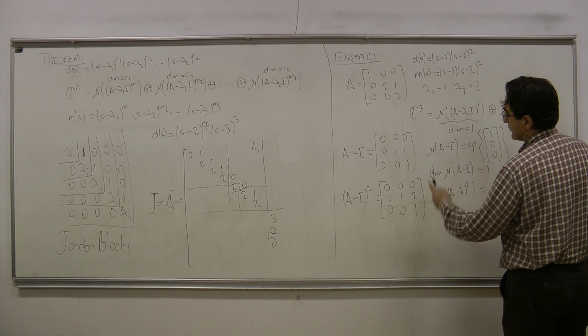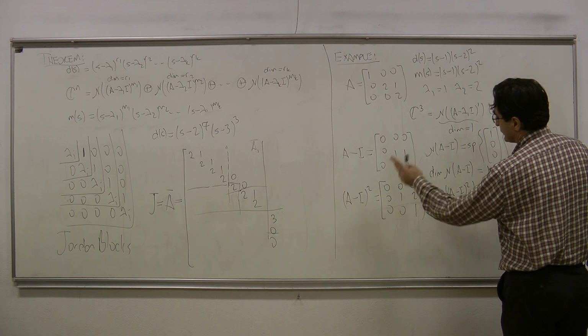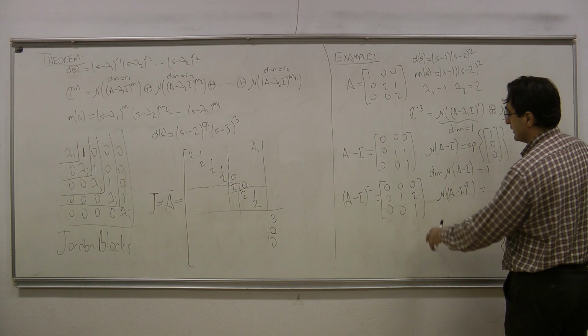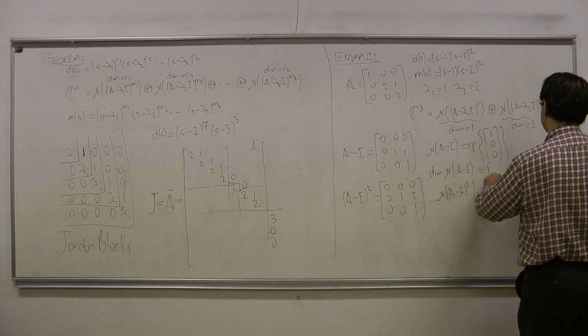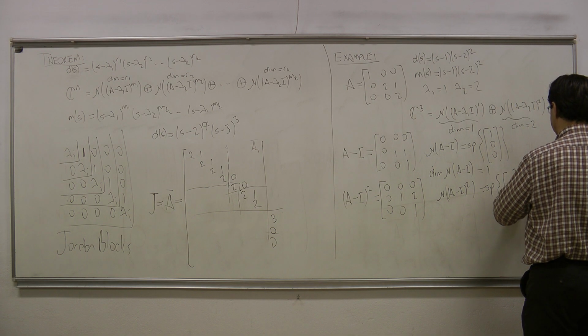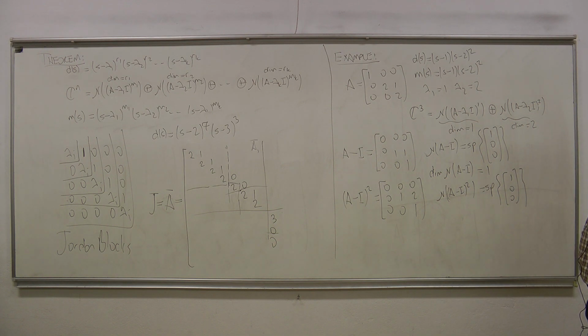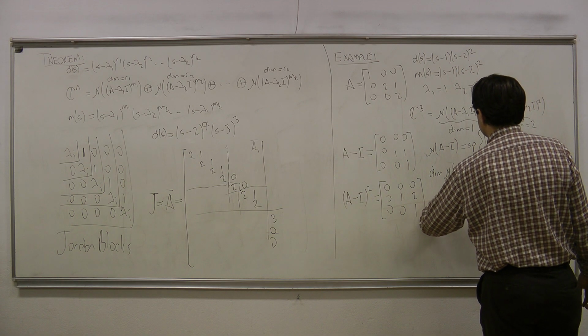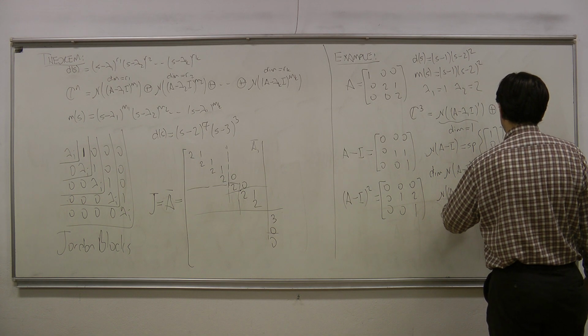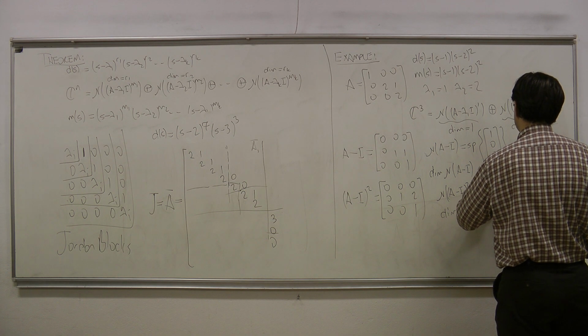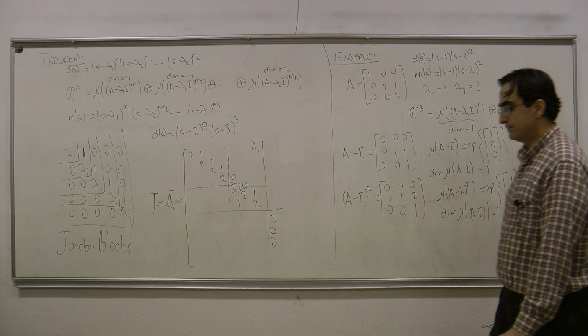The rank of the matrix is 2 again, so the null space dimension is 1, and one non-zero vector inside the null space is (1, 0, 0). So the dimension of the null space of (A - I)² is still 1.